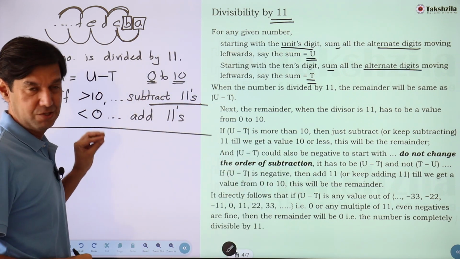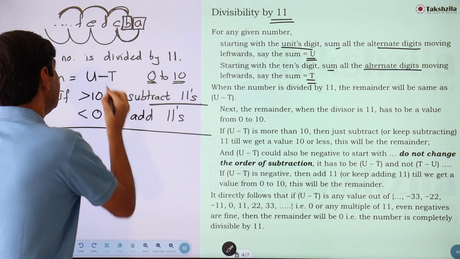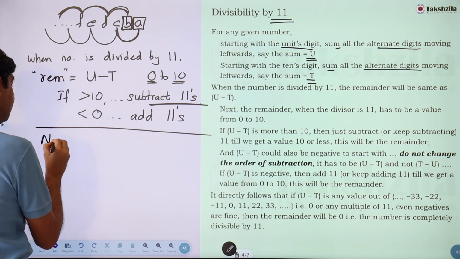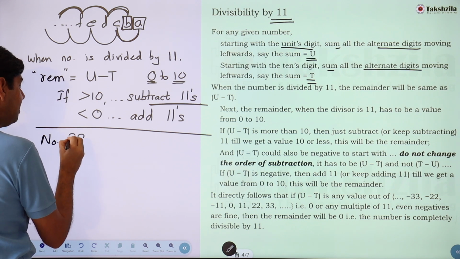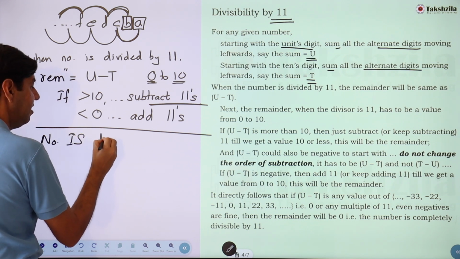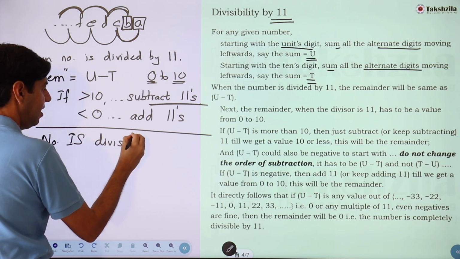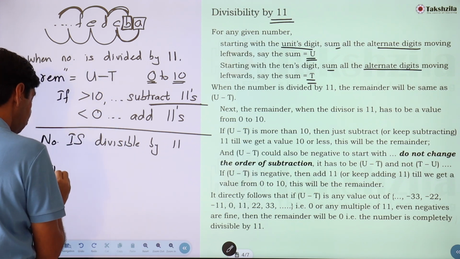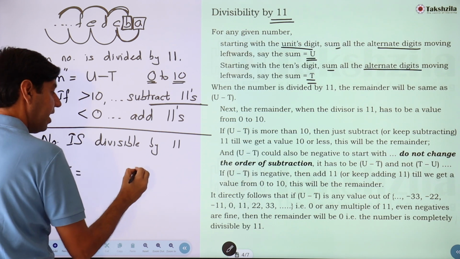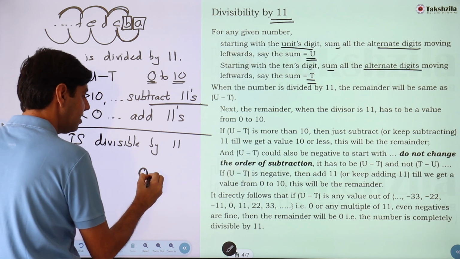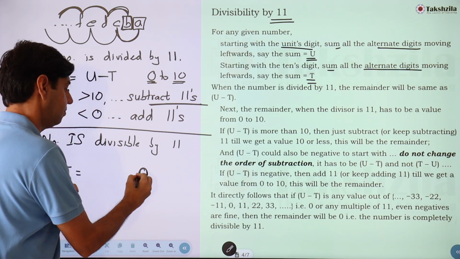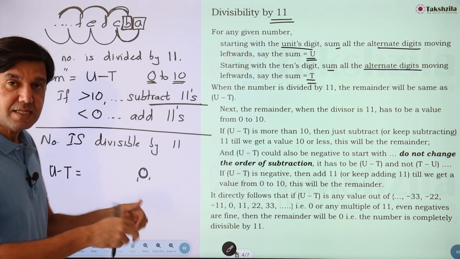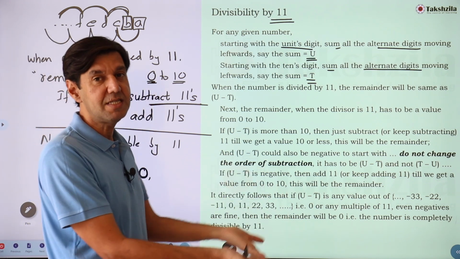And to end this rule, this is when you're finding the remainder and the number is divisible by 11, when obviously U minus T could be 0. So most people just think of this one value, 0. If U minus T is 0, the remainder is 0. If the remainder is 0, it is divisible, right?